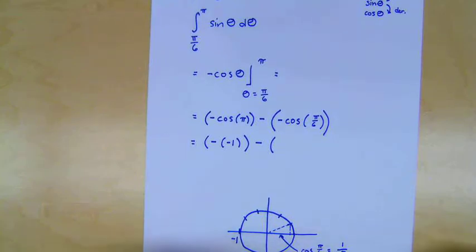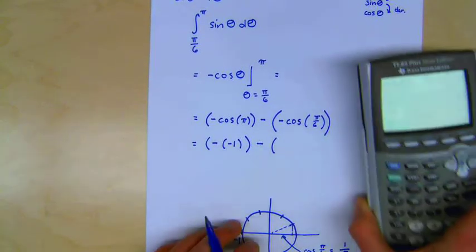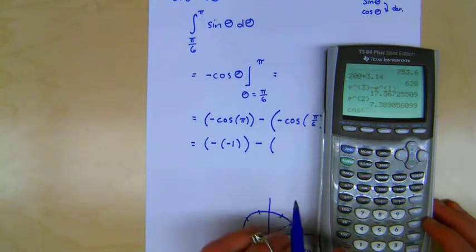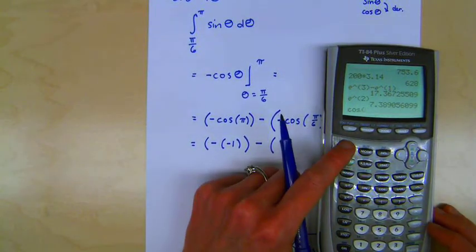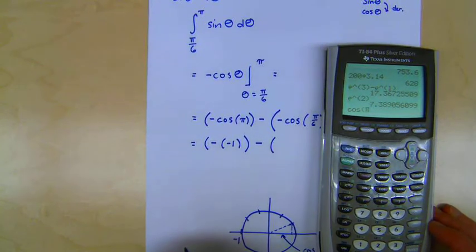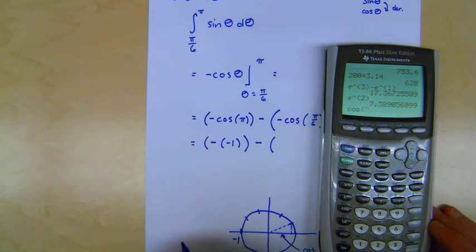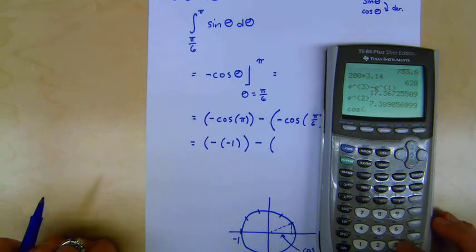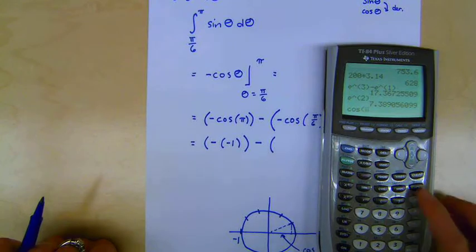So maybe this is the problem, that I should look at my unit circle and I should have this memorized, shouldn't I? And if I did have it memorized, then it would give me the right answer. Let's look. Cosine of, I have pi on this calculator somewhere, right? There we go, pi.